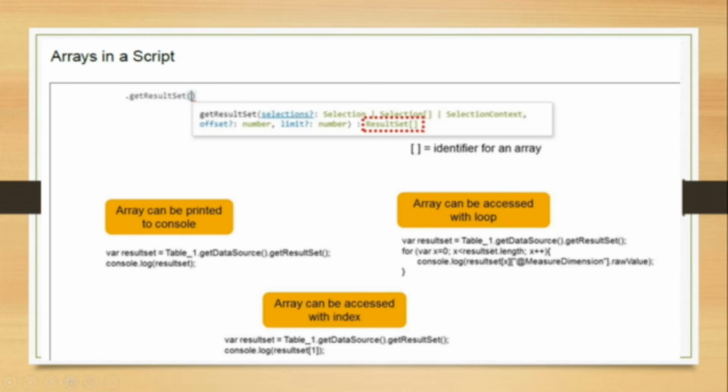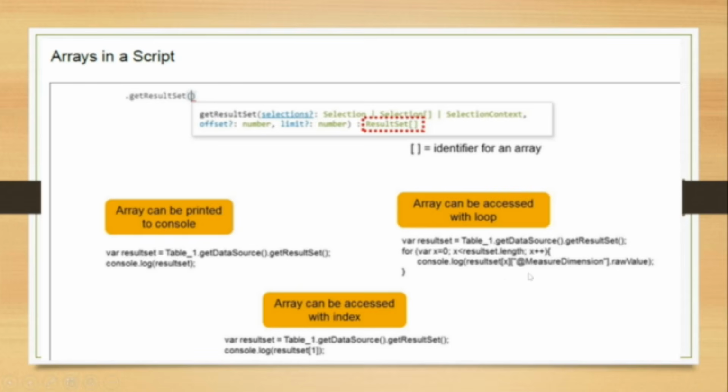After that, we initialize the for loop with the variable x, and with the addition of 1 it iterates over each member of the array. Further, we are also printing with console.log the resultSet with the index x. Here x is the index value, whereas the measure dimension shows the member of the array, and after that we are using the raw value.